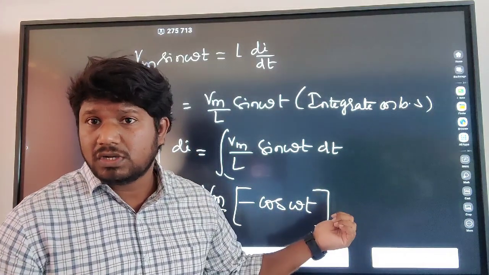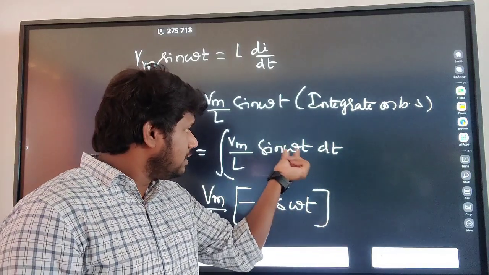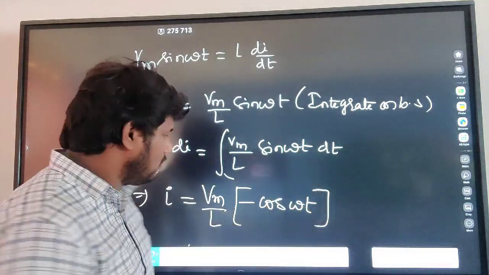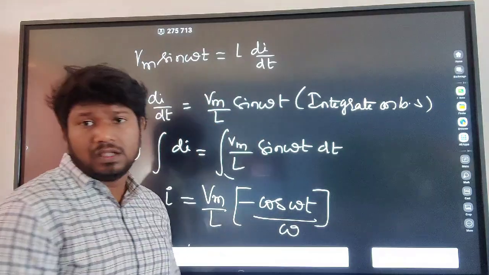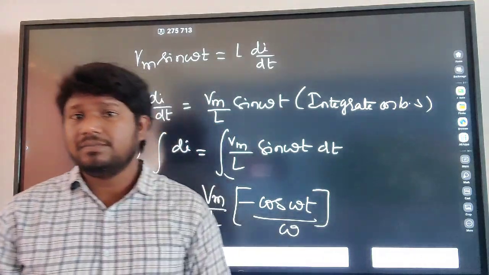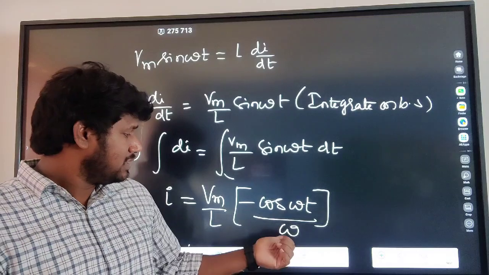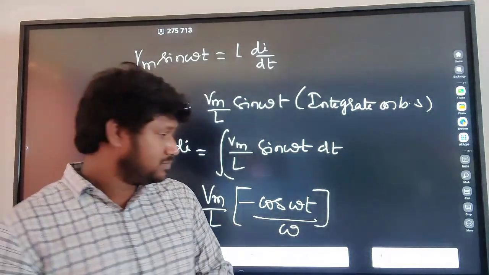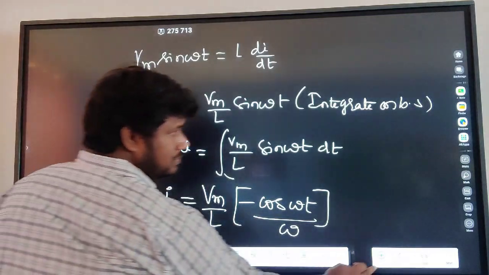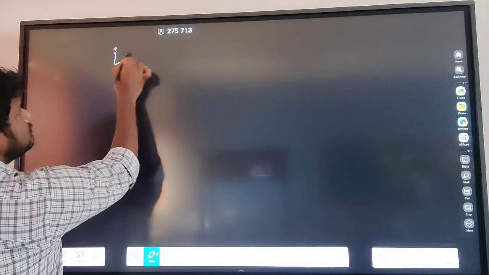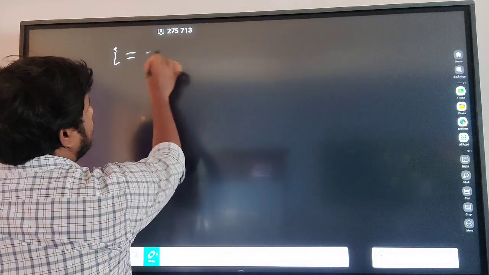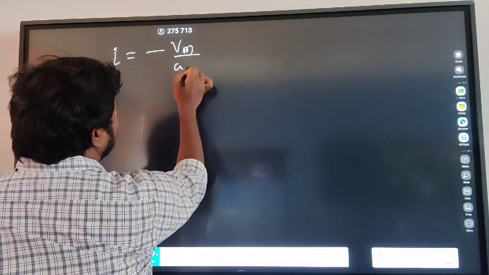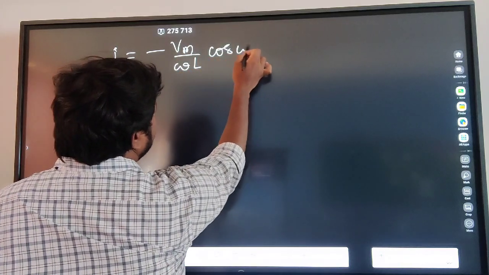Then what is one more term that will come? If I integrate omega t, what will come? Divided by omega. This omega I will keep like this. So what is the next step? i equals minus Vm by omega L into cos omega t.